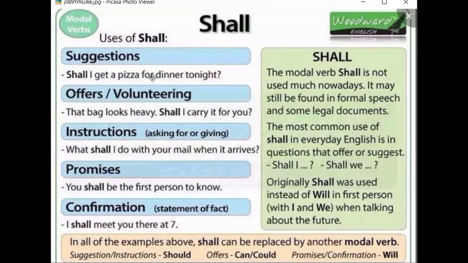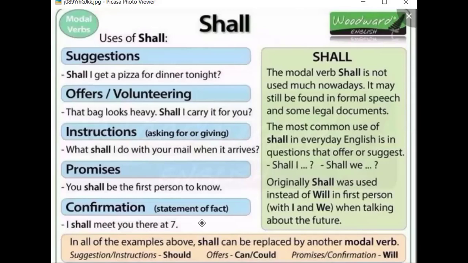That bag looks heavy. Shall I carry it for you? Instructions, asking for or giving. What shall I do with your mail when it arrives? Promises. You shall be the first person to know. Confirmation, statement of fact. I shall meet you there at 7.